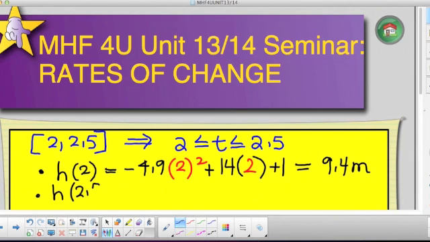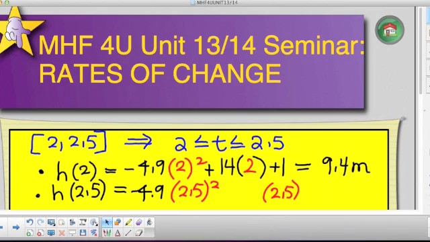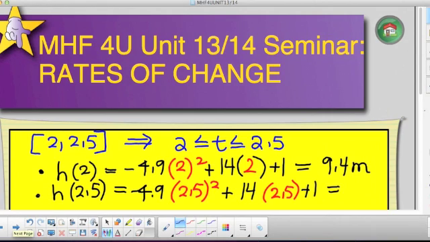Height at 2.5 is going to be equal to negative 4.9 times 2.5 squared plus 14 times 2.5 plus 1, which is going to give me a total height of 5.375 meters. Keep those decimal places as accurate as possible.